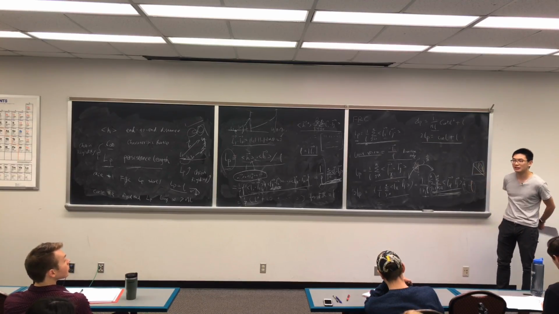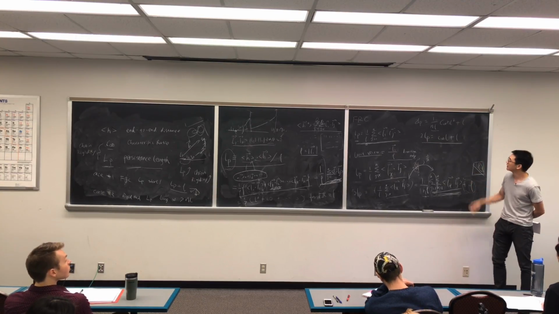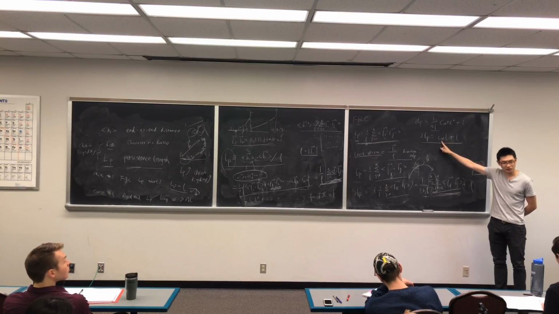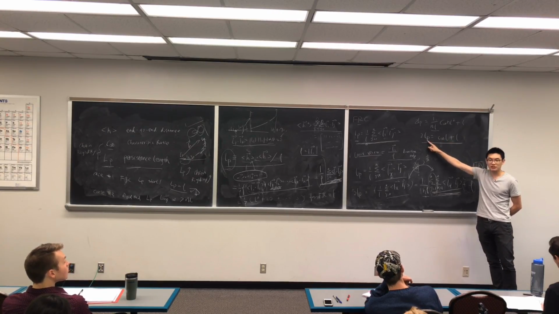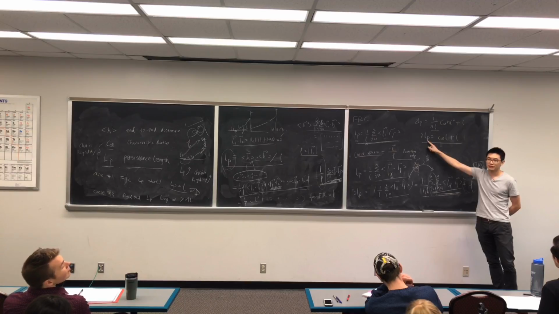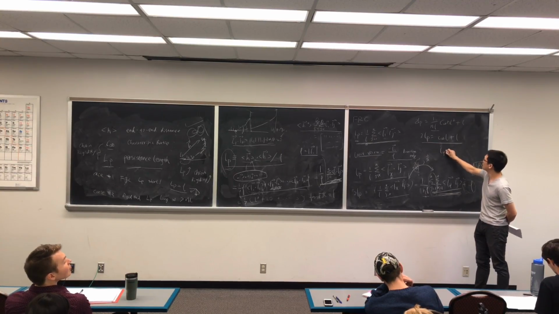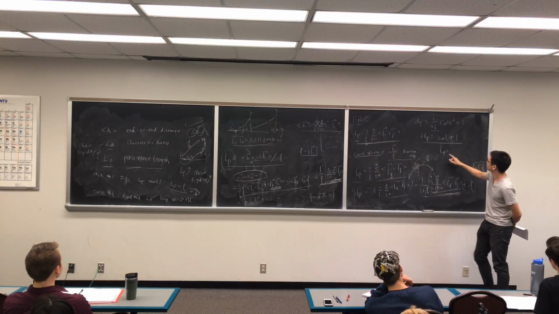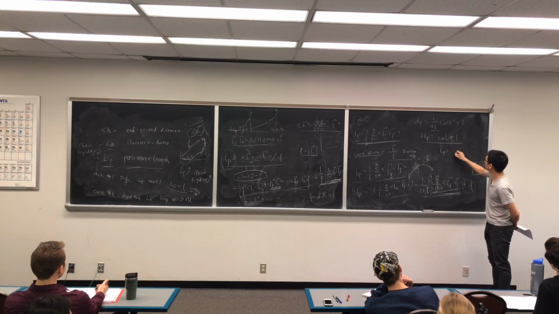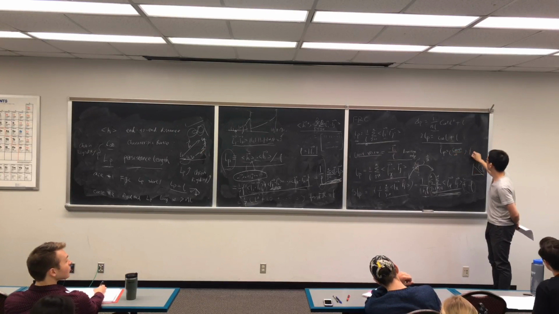We now get a direct connection between the characteristic ratio and persistence length. And we can rewrite it: LP would be equal to, you can move the 2 here, C infinity plus 1 over 2 times L.